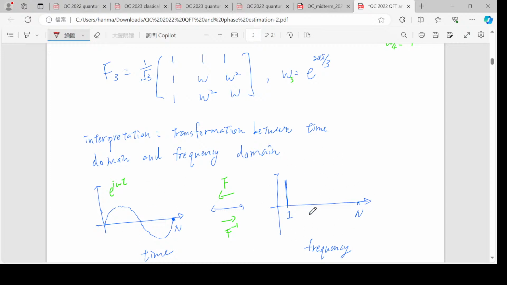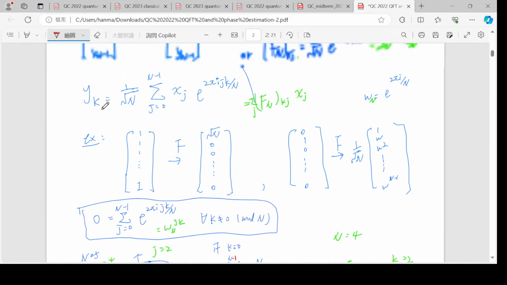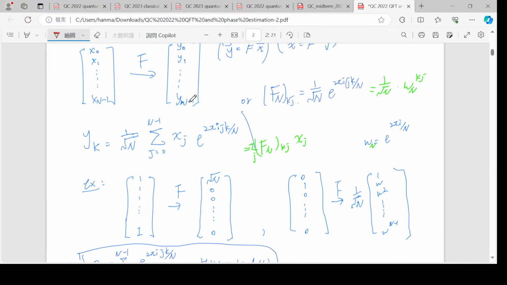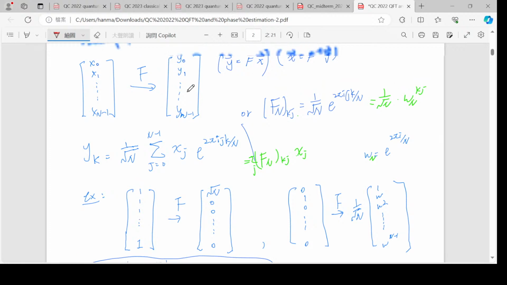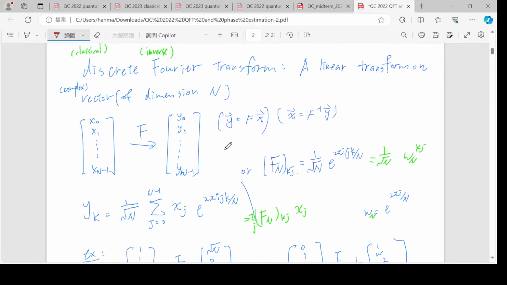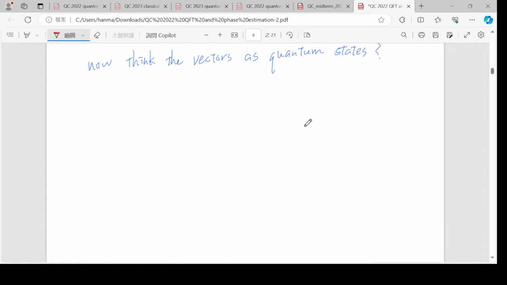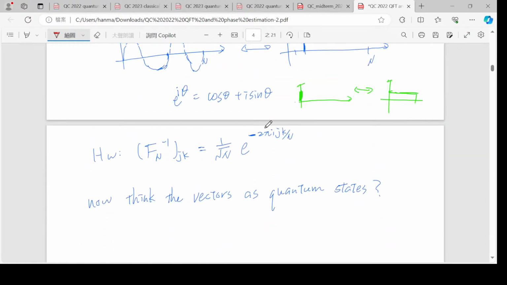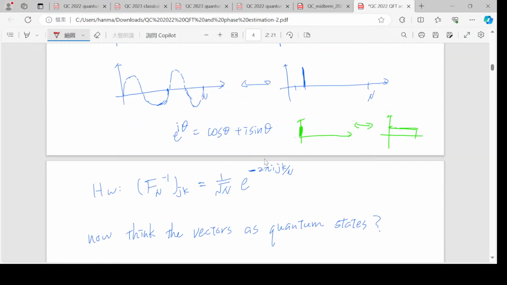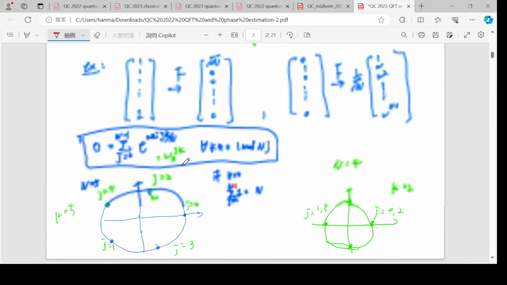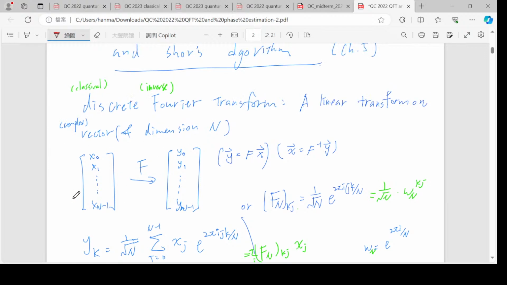So we think that this x vector and this y vector contain the same information. You are just doing a linear transformation on them, like a change of basis. So this f has an inverse, and actually we are going to see f is unitary too. So really we are just doing a change of basis to represent those two vectors.